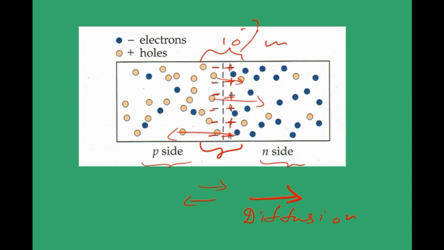Because of this diffusion current, there are some charges accumulated here, right, in the depletion region. Now because these charges are accumulated, there is a potential difference between these two ends. And this potential difference gives rise to an electric field. Another way of saying it is that there are positive charges accumulated here, right? So they attract electrons.